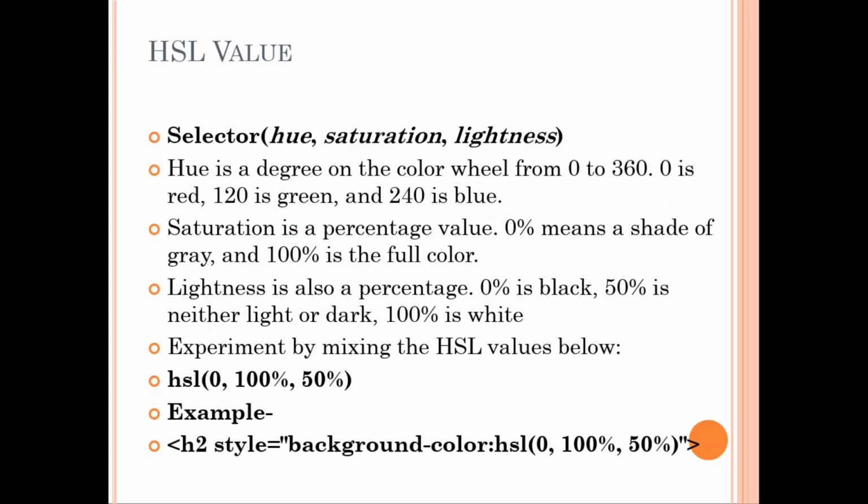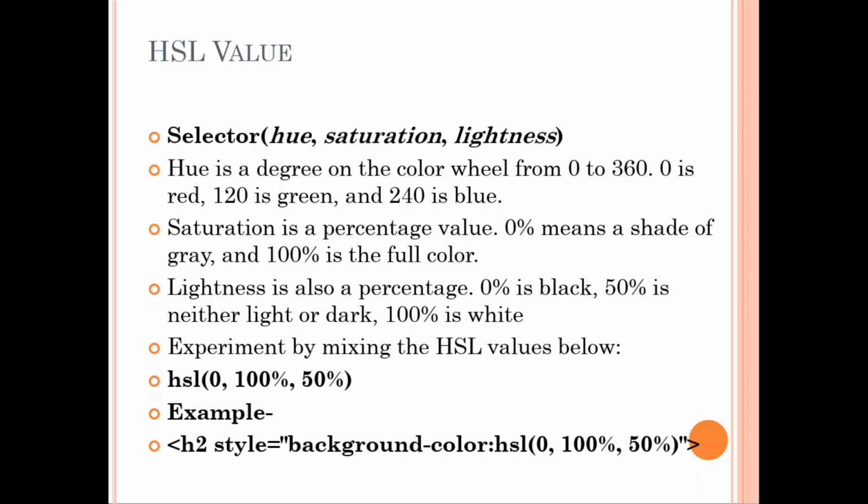Saturation is a percentage value. 0 means a shade of gray and 100% is the full color. If you want to make your color grayish, or move a particular color toward black and white, you can change this saturation value from 0 to 100.